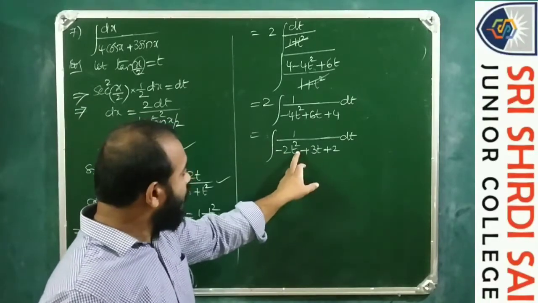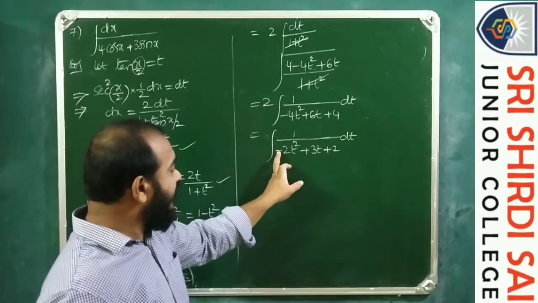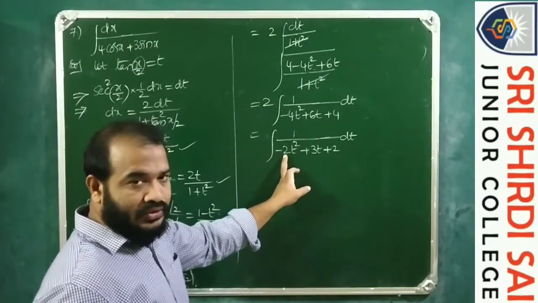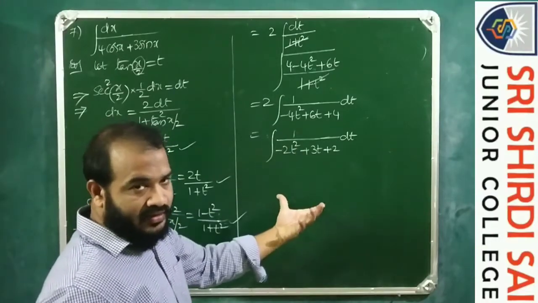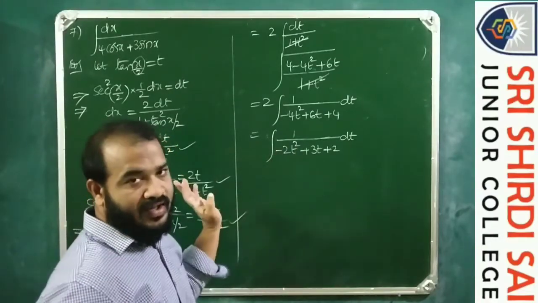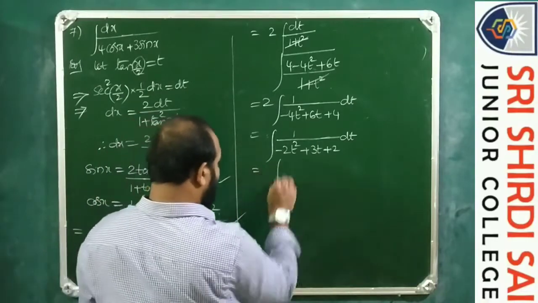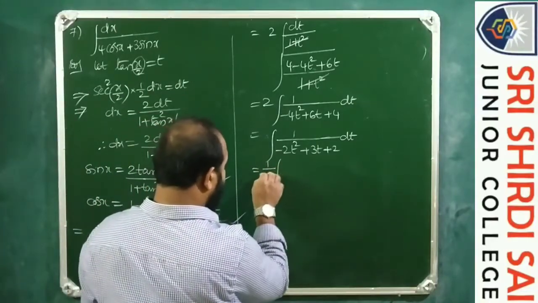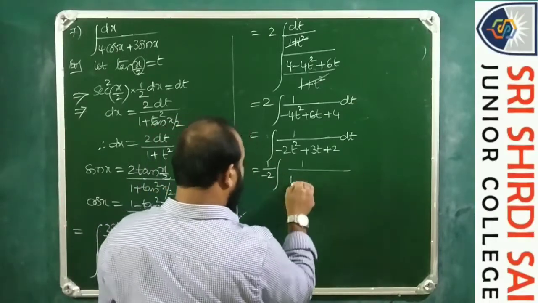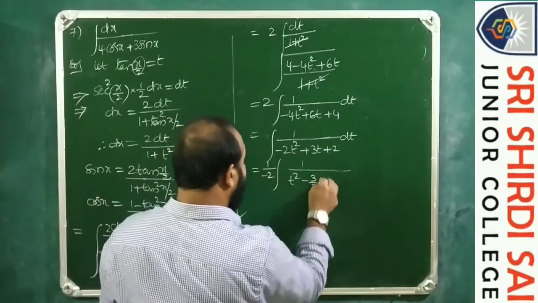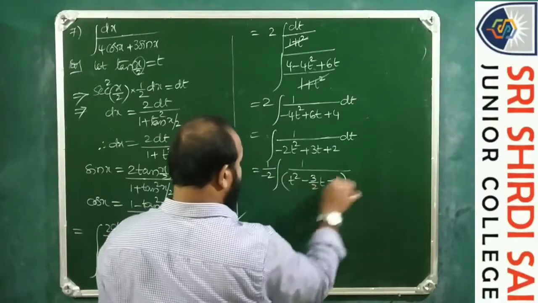Here t square sign is negative and t square coefficient is 2. So in order to make t square coefficient unity, we have to take minus 2 as a common. So this is 1 by minus 2, t square minus 3 by 2t minus 1 dt.